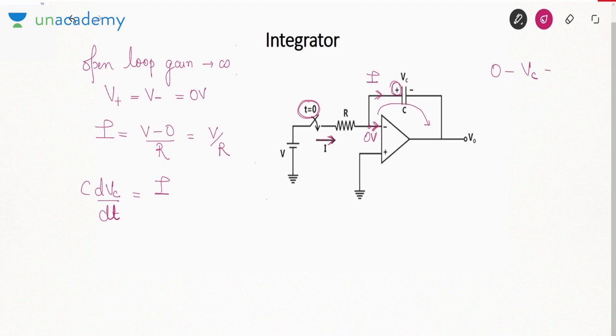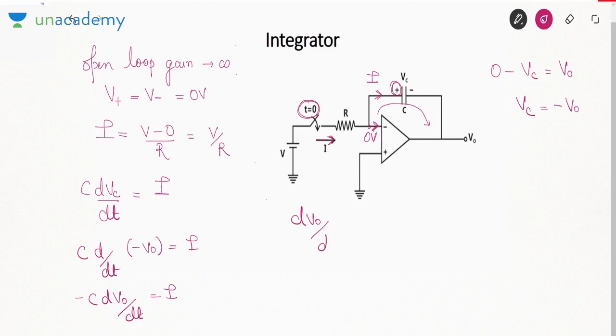0 minus Vc is V0. So Vc is minus V0. If you put here C d by dt, minus V0 is I. So minus C dV0 by dt is I. Or you can say dV0 by dt is minus I by C, or minus V by RC.